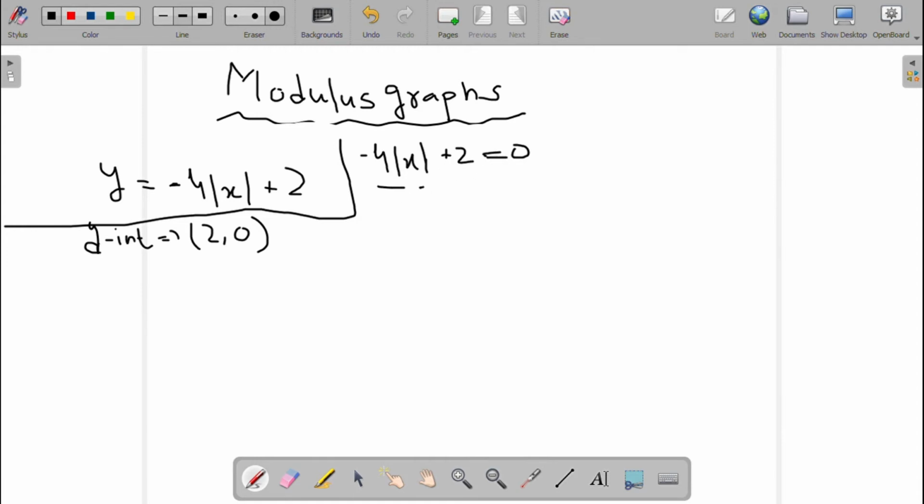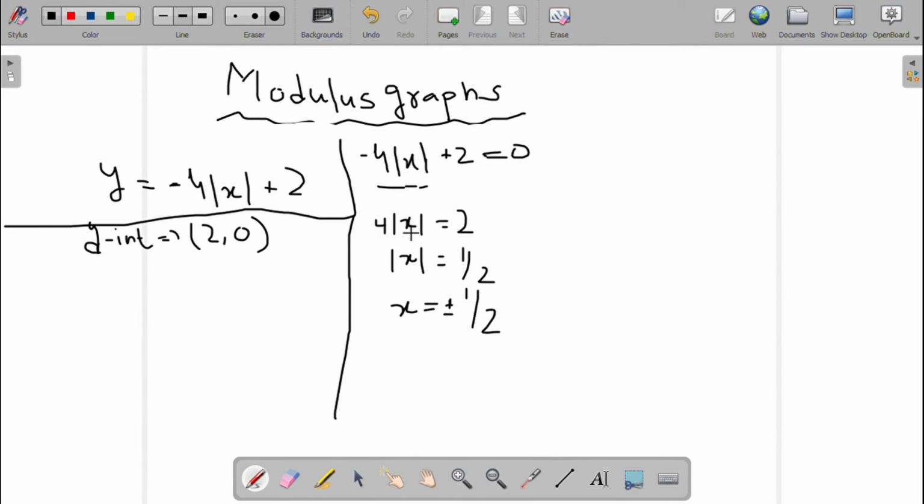Now take this negative 4 mod x to the other side. It will be 4 mod x equals 2. Mod of x equals 2 by 4, which is half, and x will be equal to plus minus half. So now because of this mod, we have two intercepts of x.